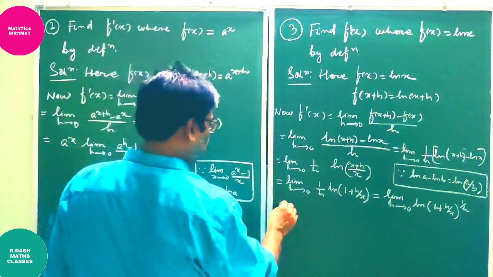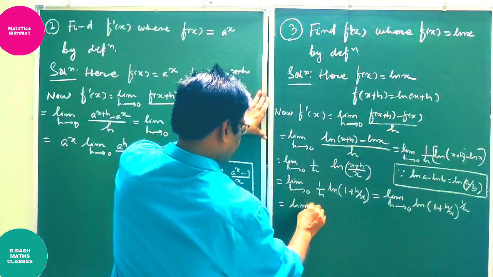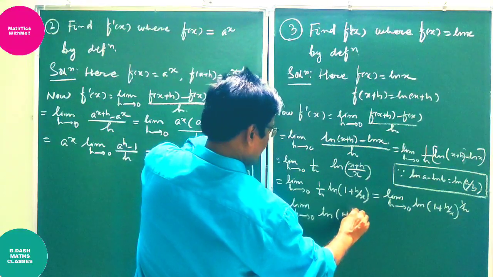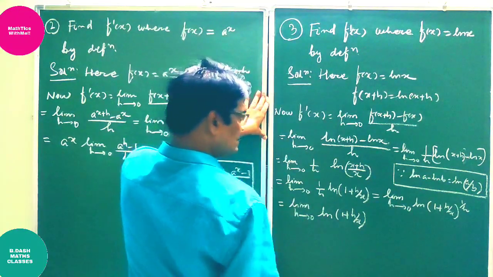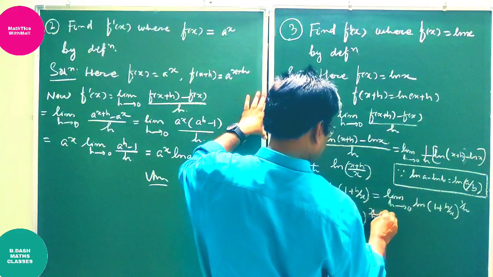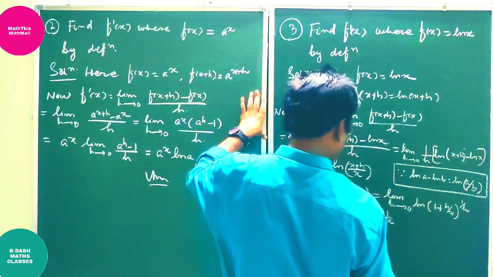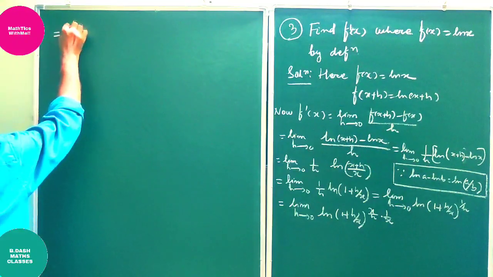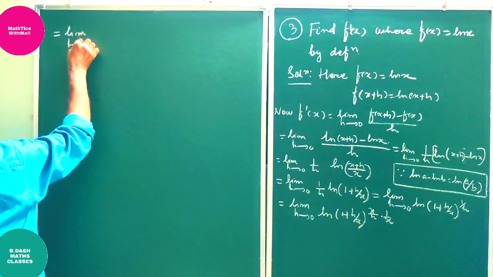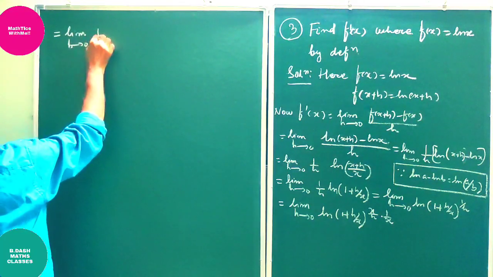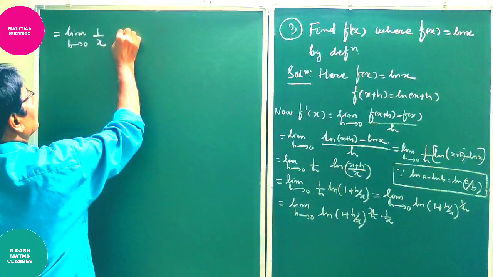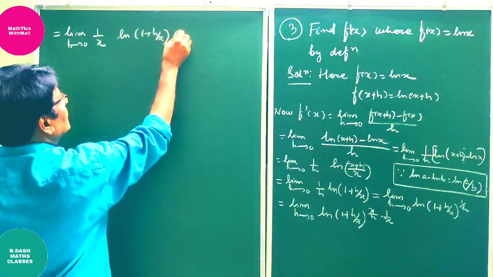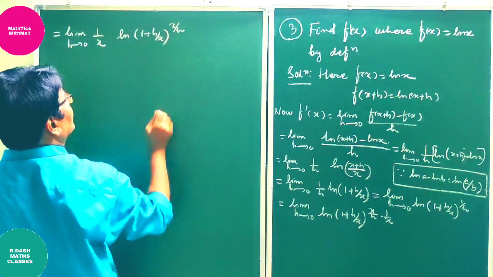So this is equal to limit h tending to 0 ln of (1 plus h by x) to the power x by h into 1 by x. So then this is equal to limit h tending to 0, 1 by x ln of (1 plus h by x) to the power x by h.